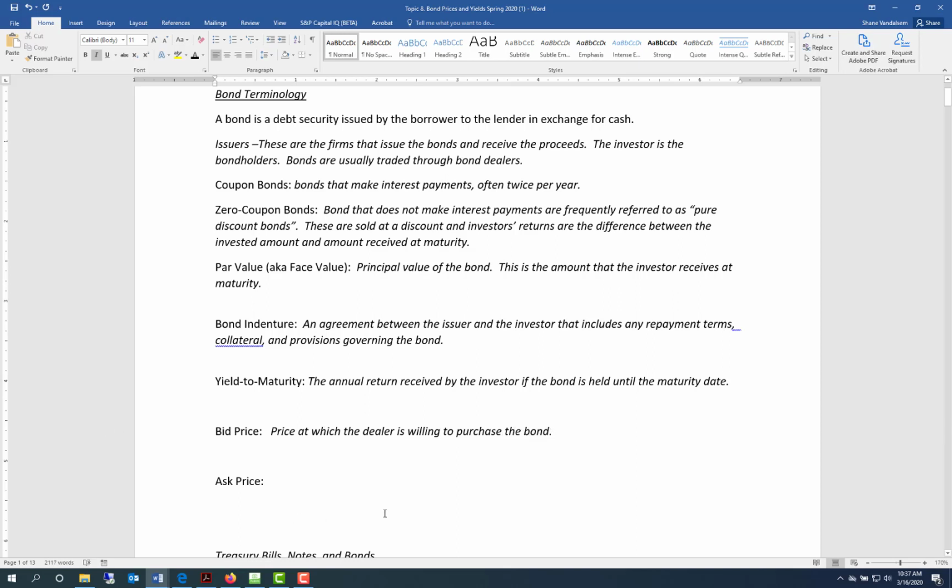The ask price is the price at which the dealer is willing to sell the bond. Dealers make their money, they earn their profit through what's called the bid-ask spread.